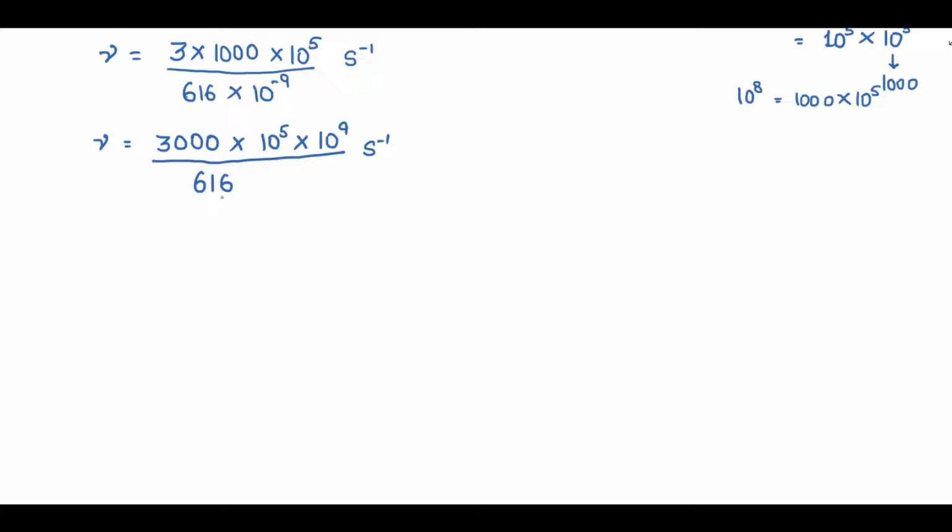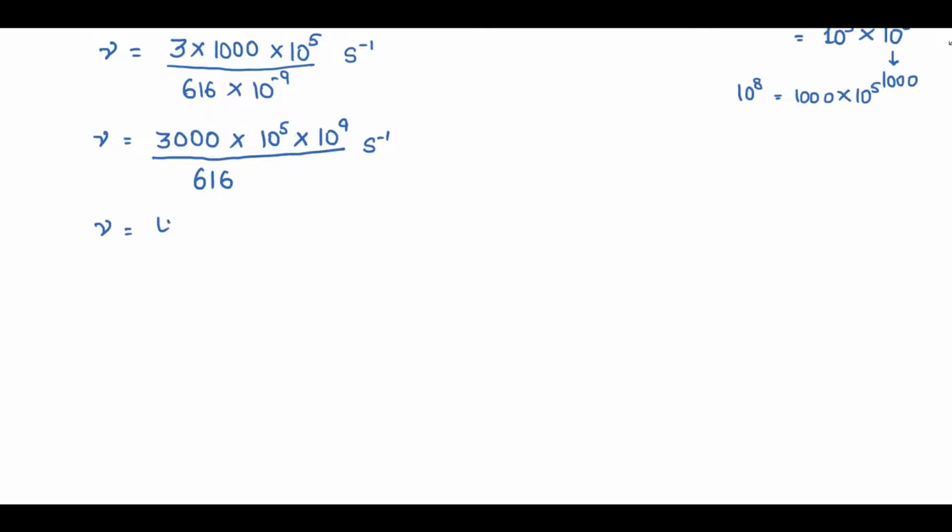So 3000 divided by 616, it will be 4.87 into these two powers are in multiplication. So you can simply add them, 10 raised to power 5 plus 9 and units will be second inverse, right? So nu equal to 4.87 into 10 raised to power 5 plus 9.